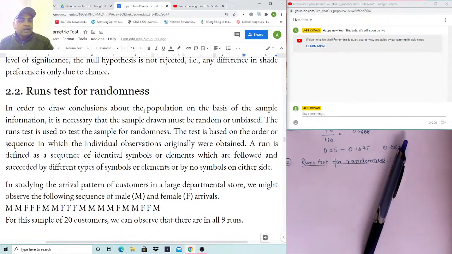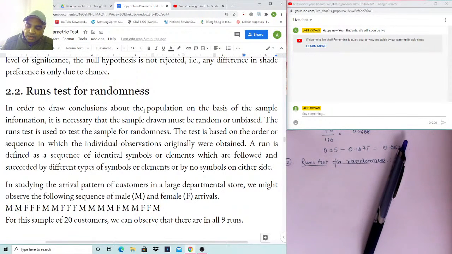What is the runs test of randomness? In order to draw conclusions about the population on the basis of the sample information, it is necessary that the sample drawn must be random or unbiased, right? That is, when we are drawing a sample from a population, it is a prerequisite that it should be unbiased. The runs test is used to test the sample for randomness.